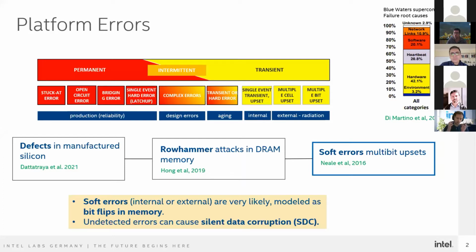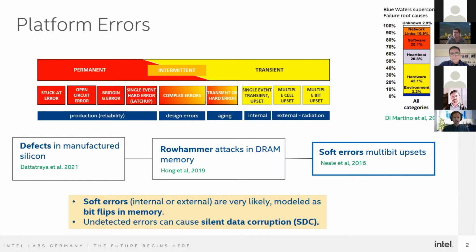For example, faults already in the production process, design errors, aging, or internal and external electromagnetic disturbances on the circuitry. There was an example of the Blue Waters supercomputer in Champaign, and they found that if they run very high workloads for a long time, hardware faults were actually the major cause of failures. So we want to make sure that this doesn't affect a safety critical application of a DNN.